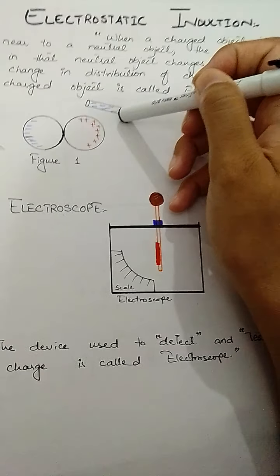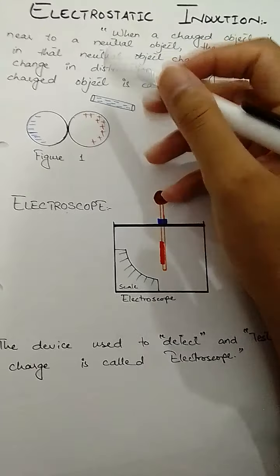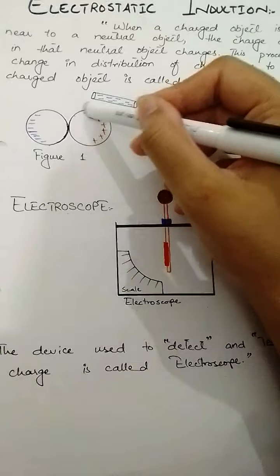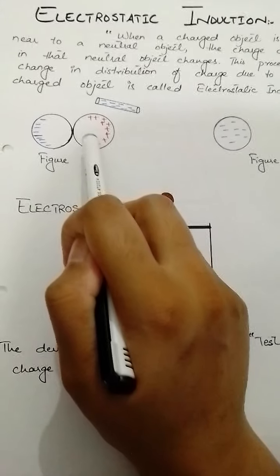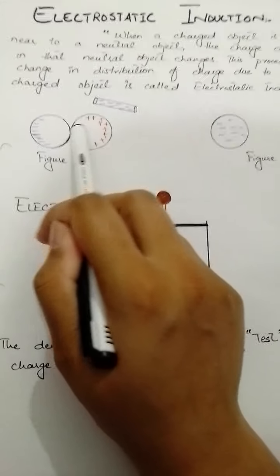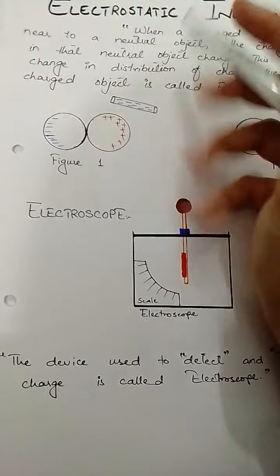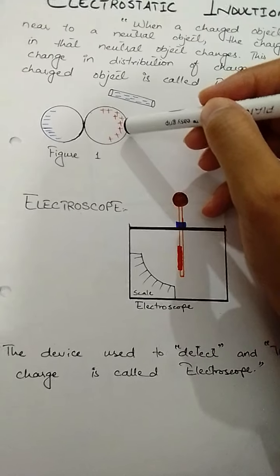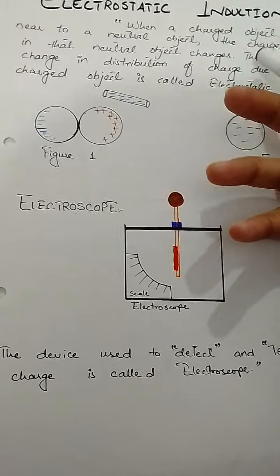So they were in a neutral state. When I brought this rod closer to these balls, these negative charges try to attract positive charges and also repel the negative charges away. The basic principle is that the positive charges cannot move. Obviously these positive charges are nuclei, and in metals how would a nucleus move?